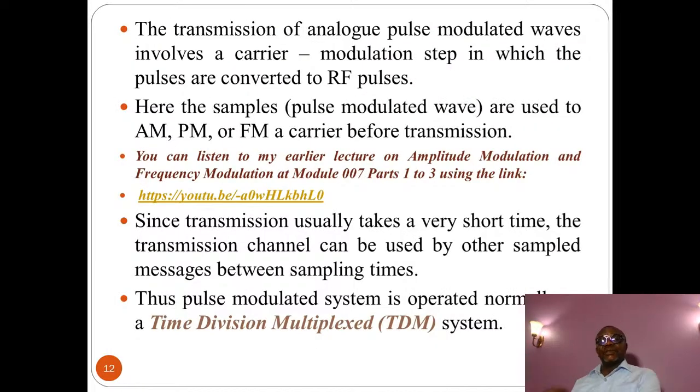So the transmission of analog pulse modulated waves involves a carrier modulation step in which the pulses are converted to RF pulses. Here, the samples or the pulse modulated wave are used to amplitude modulate or phase modulate or frequency modulate a carrier before transmission.